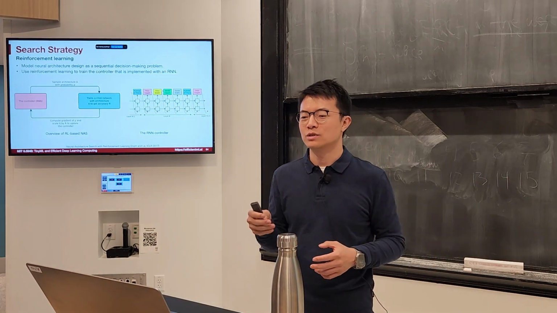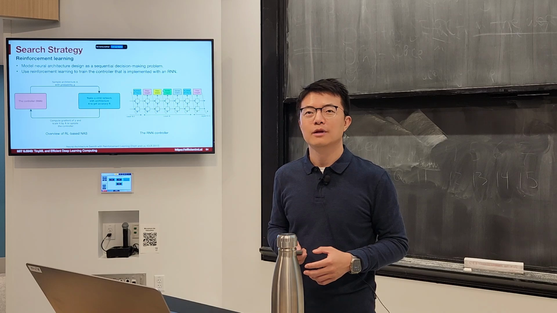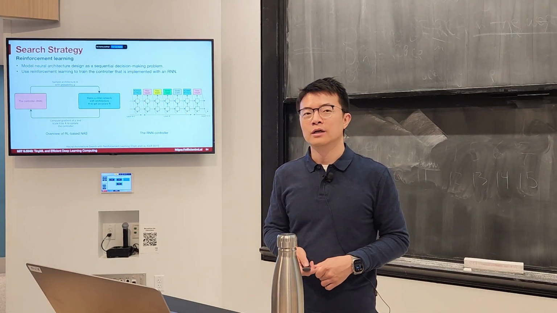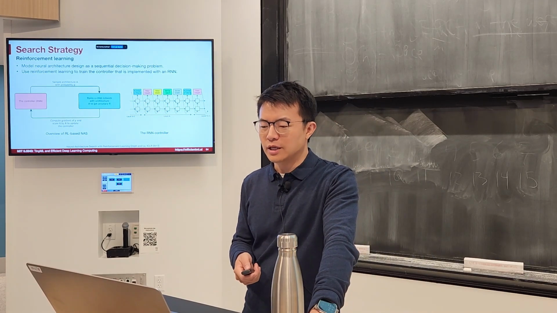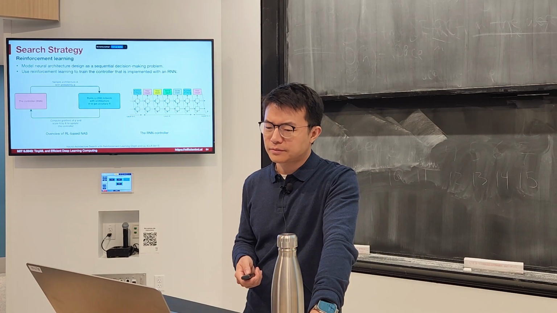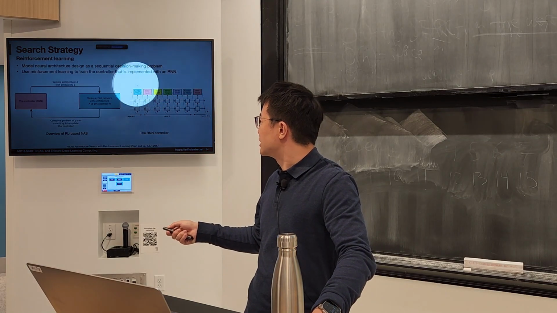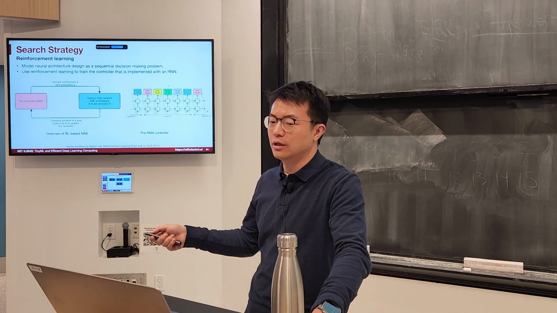You want to design them step by step, one by one, using an RNN. Nowadays, RNN is no longer popular, so you probably use some kind of autoregressive model, not necessarily an RNN controller.